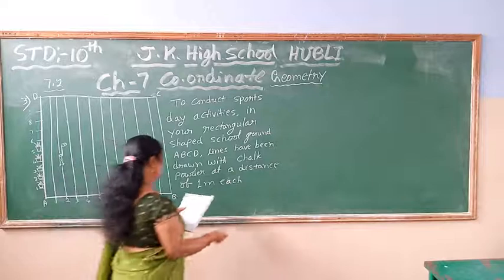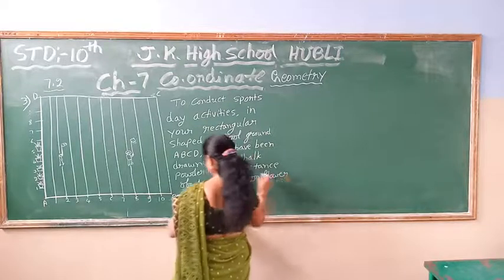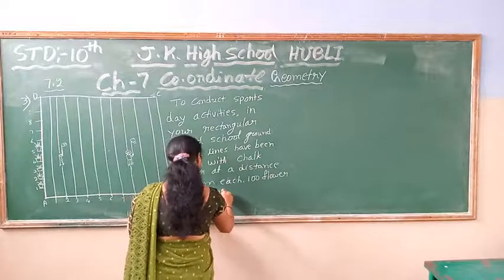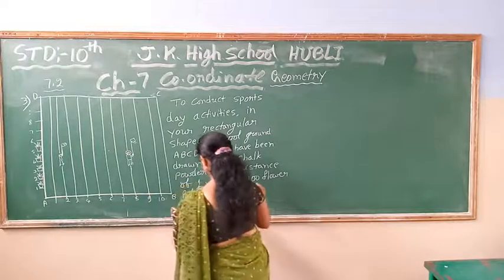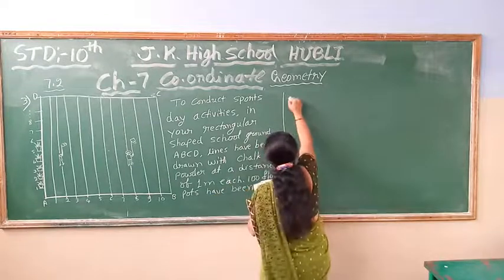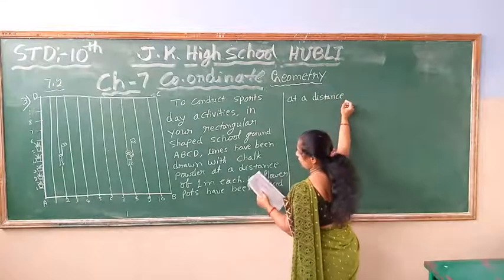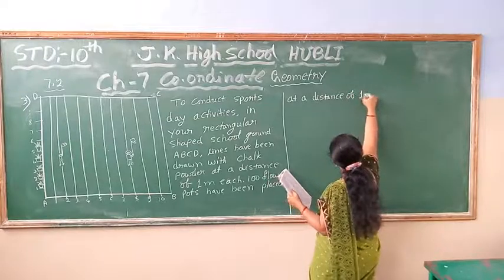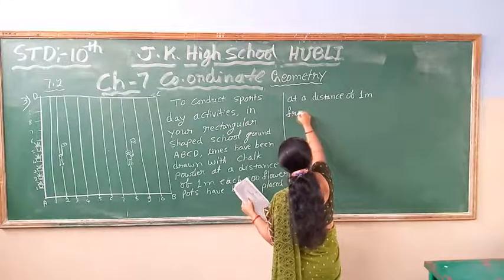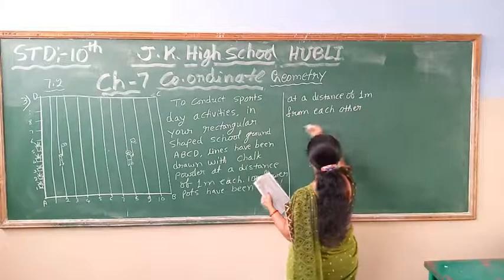100 flower pots have been placed at a distance of 1 meter from each other along AD.